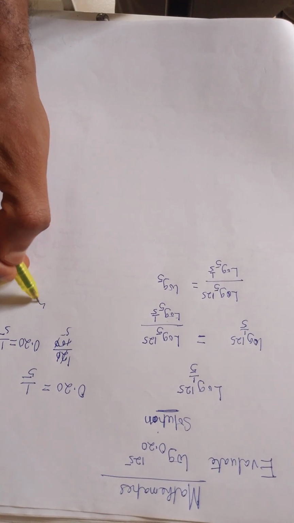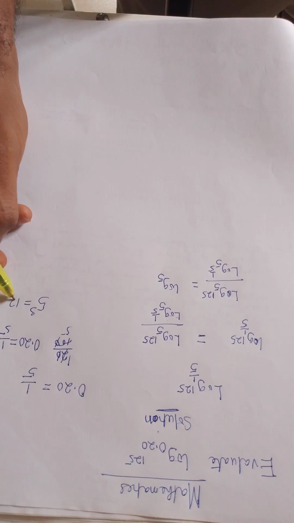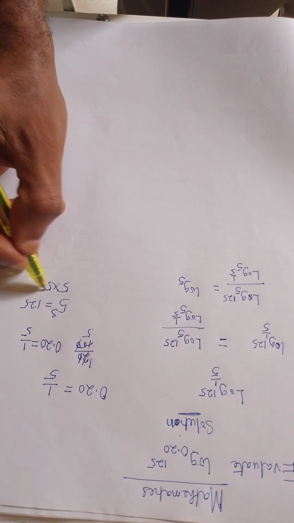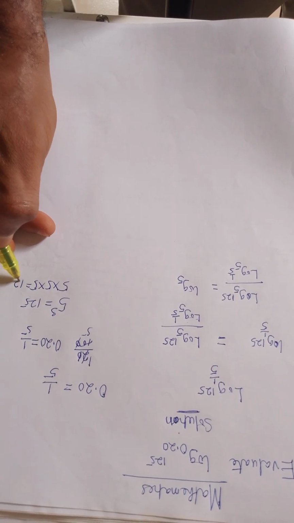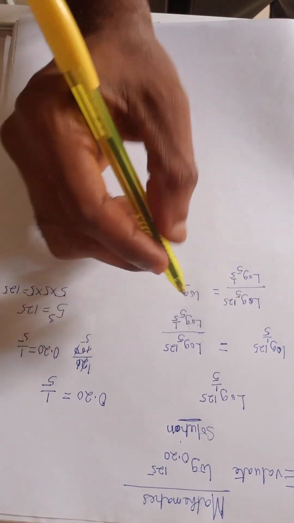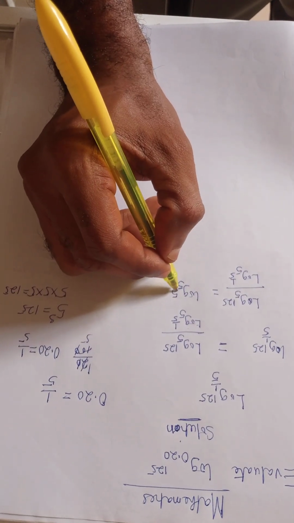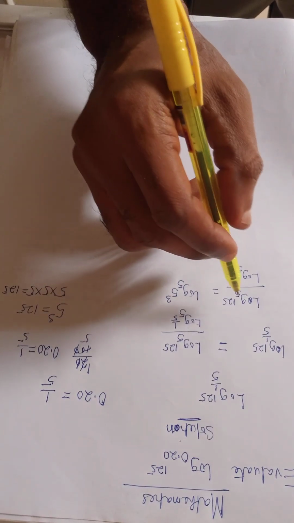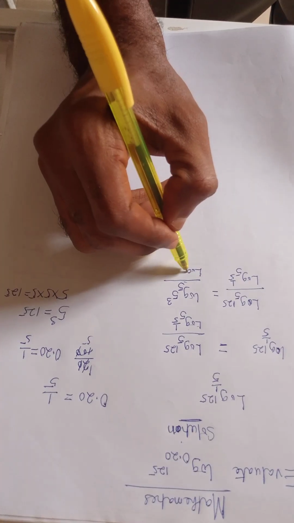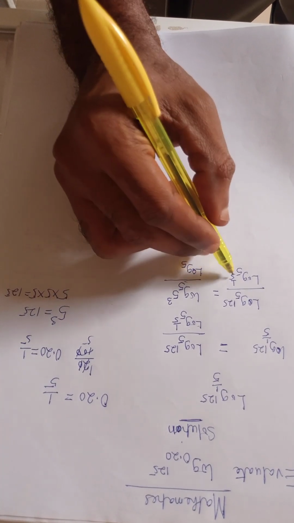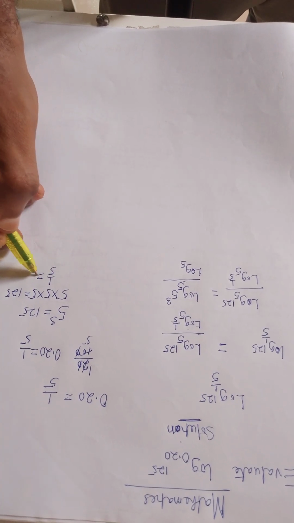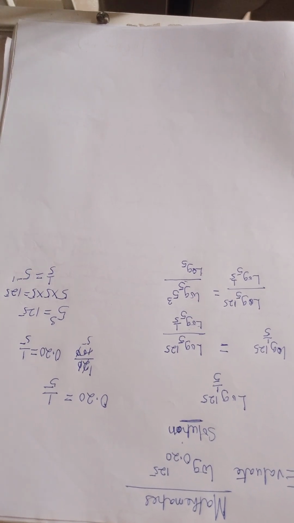We know that 5 raised to power 3 is equal to 125, because 5 times 5 times 5 gives us 125, which is the same thing as 5 raised to power 3. So we replace it here, so that we have log base 5 of 5 raised to power 3 all over log base 5 of 1 over 5. And we know in indices that 1 over 5 is the same thing as 5 raised to power minus 1.